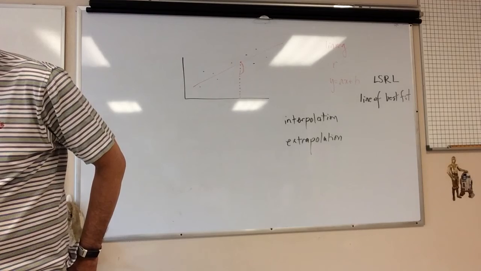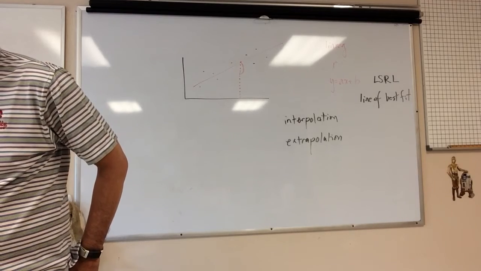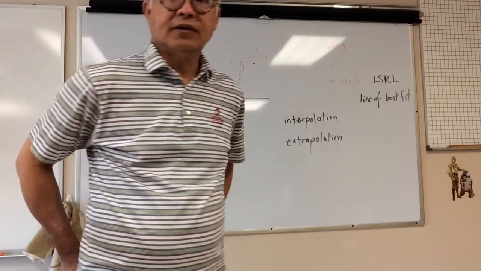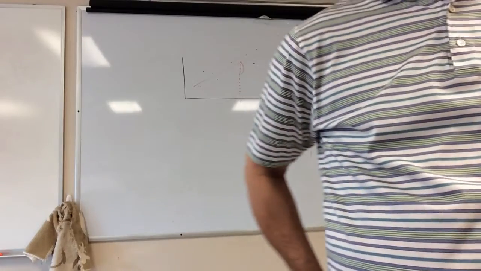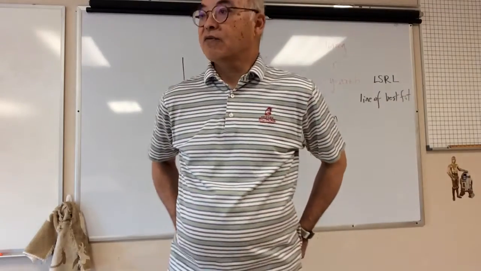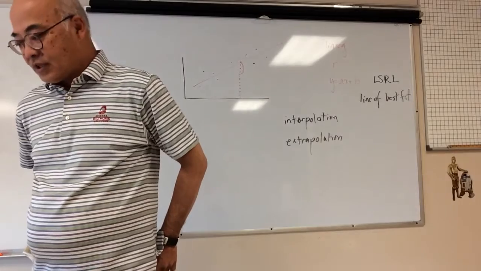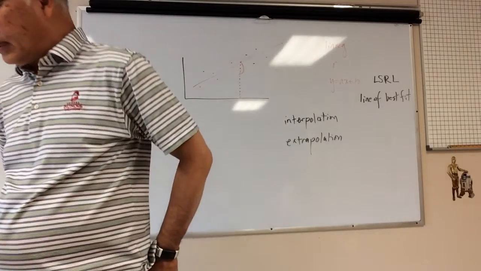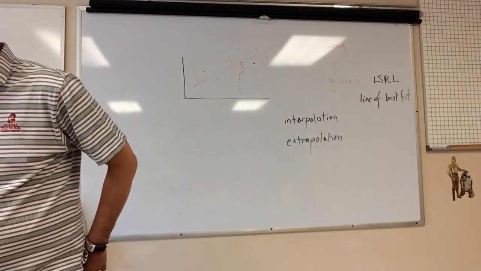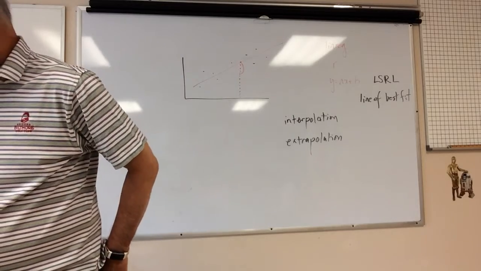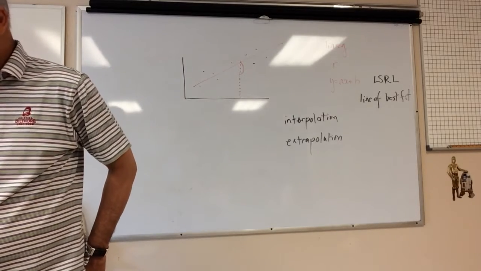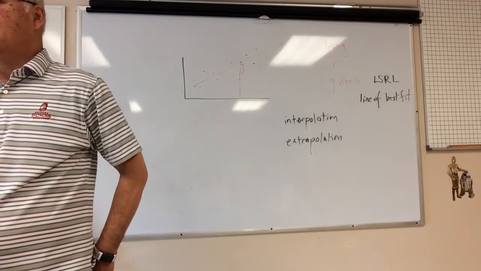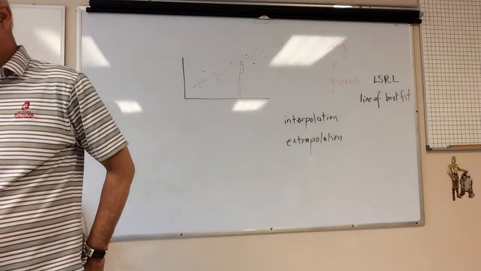What can I tell from the p-value? The p-value is less than 5%, therefore it is linear, correct? And then we have the correlation coefficient, which is 0.81, which is okay. Not really tight, but okay.